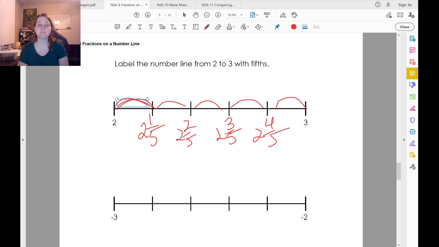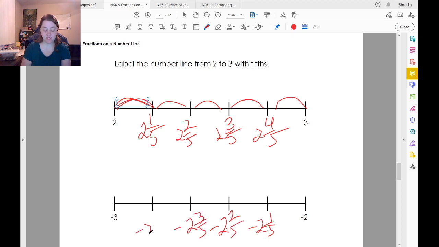And then 3. We're going to do the same thing down below, except we're kind of going to fill it out backwards because we're going in the negative direction. So it starts off with negative 2, and it goes to negative 2 and 1/5. Negative 2 and 2/5. Negative 2 and 3/5. Negative 2 and 4/5.